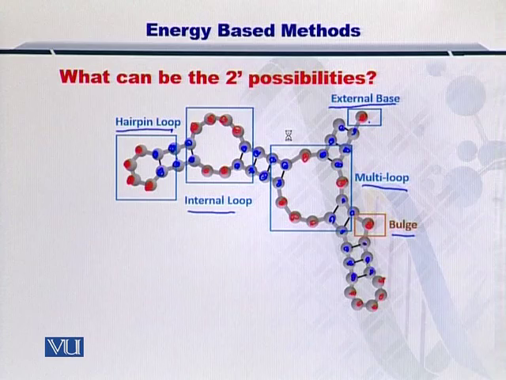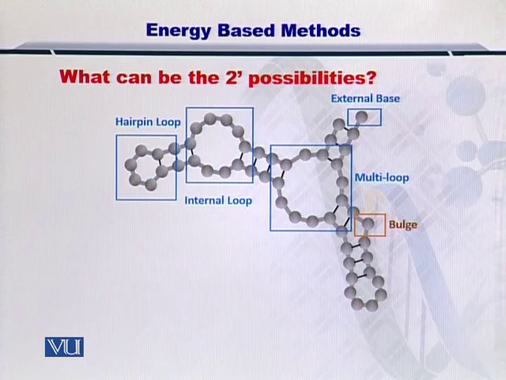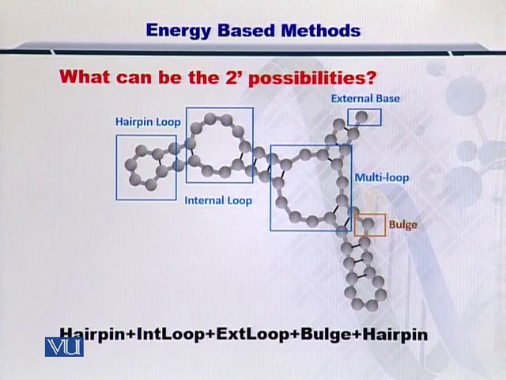Any algorithm that is going to calculate the stability will essentially be the blue nucleotides plus the red nucleotides. The value of energy for the blue nucleotides will be negative, and for the red, they'll be positive. So the combination that can be formed as a result is the hairpin plus interior loop plus exterior loop plus bulge plus hairpin.